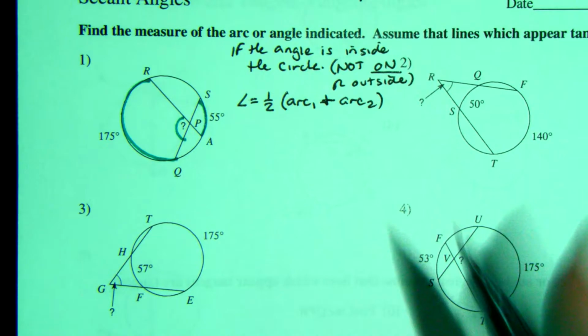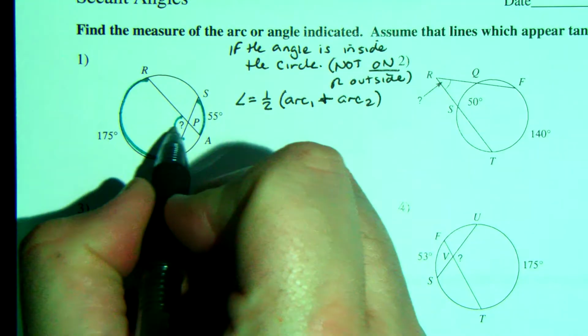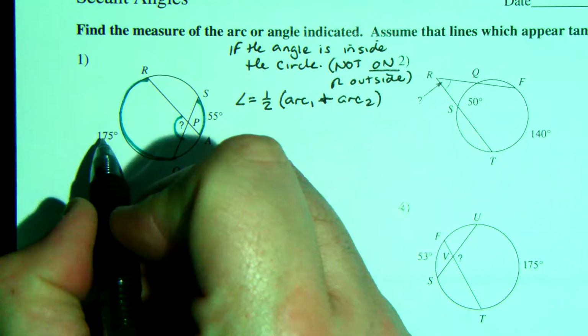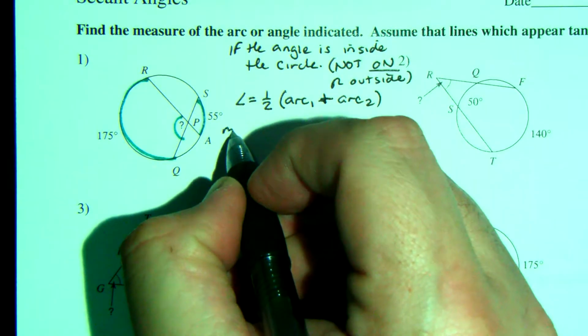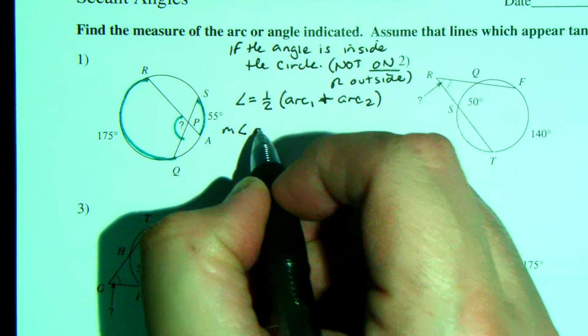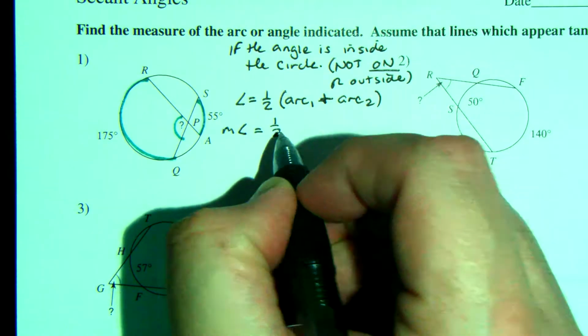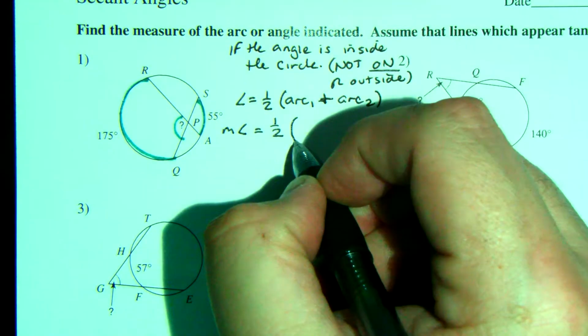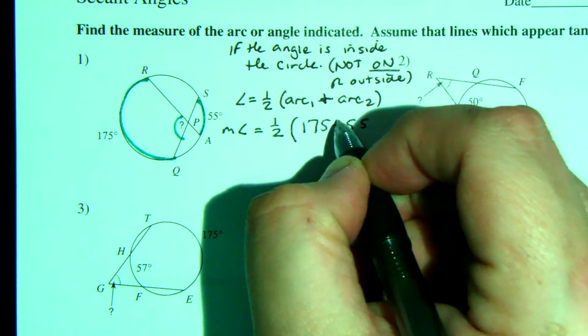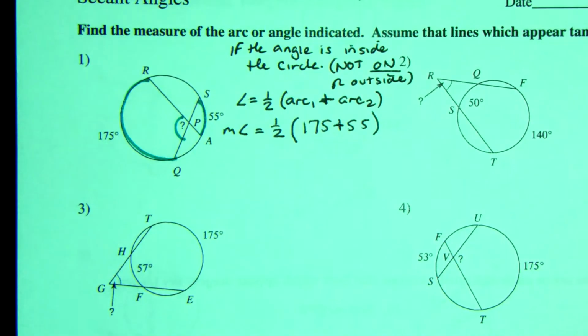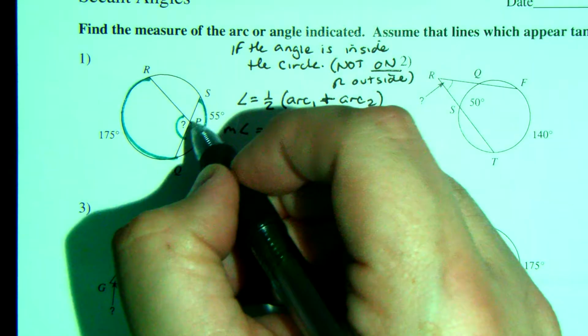So this angle right here that we're dealing with is going to be arc 1 plus arc 2. So the measure of the angle that we're dealing with is 1/2 times 175 plus 55. Now, what did I say about if the angle is inside?